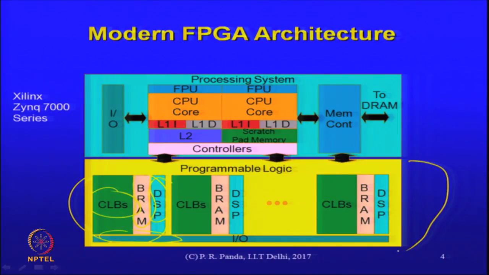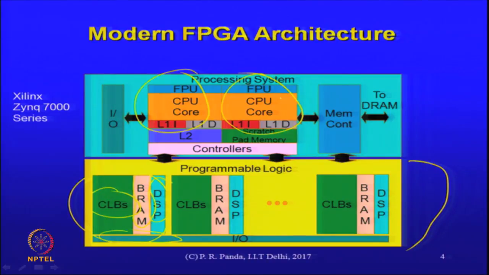So, instead of leaving it to the designer to get a synthesizable processor from somewhere and implement it onto the programmable hardware, what FPGA architects have done is essentially they put some hard coded macros which are just processors. Okay, these look like standard processors.